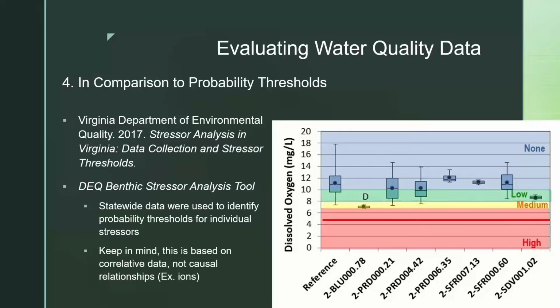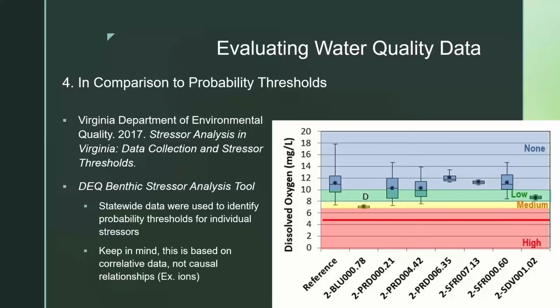And the folks from BRO are gonna share some more information about that with you today, and hopefully maybe answer some of your questions that you might have with it as well. Some of you have probably already had an opportunity to use that tool. Others maybe you haven't, but you're interested in using it. It is a great tool to compare individual data at a station with basically statewide data.